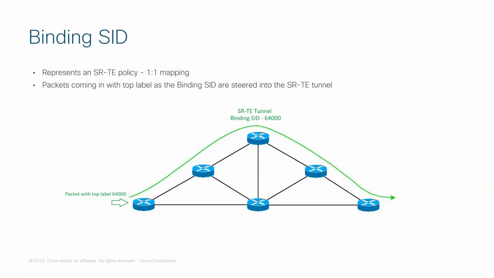But if you don't want to use the best path, you need to take a non-best path, how do you do it? Then you start using adjacency SID. You got that point, right? You asked when to use adjacency SID and when to use node SID. If wherever I want to reach, I'm okay to use the best IGP path, the best cost path, I can directly use a node SID.